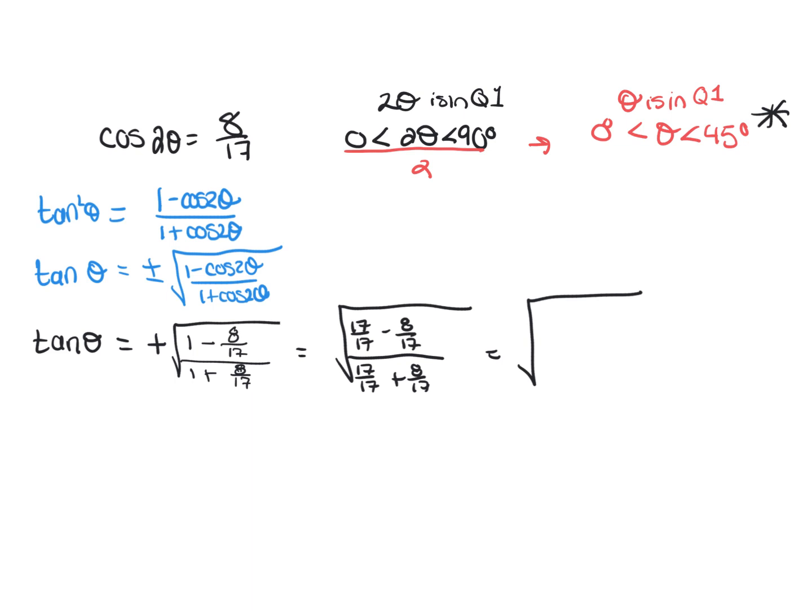So on the top, 17 minus 8 is 9 over 17, over 17 plus 8 is 25 over 17. And then 9 over 17, because I'm going to keep change flip, times 17 over 25. The 17s cancel off. I'm left with the square root of 9 over 25, which is 3/5.